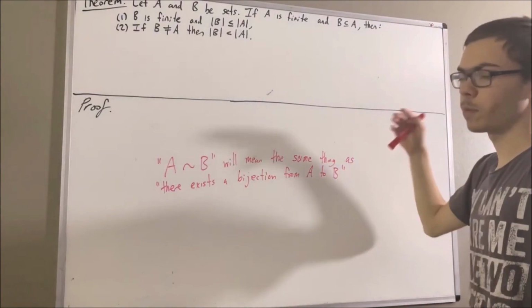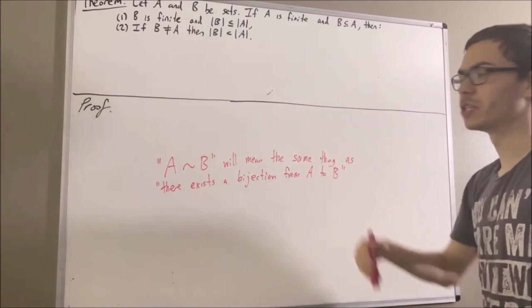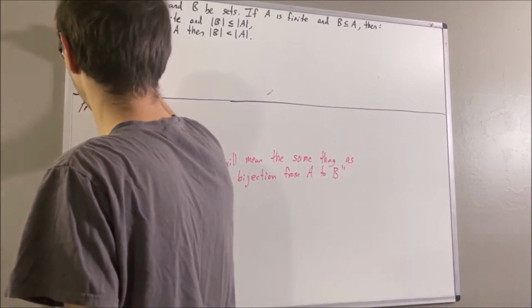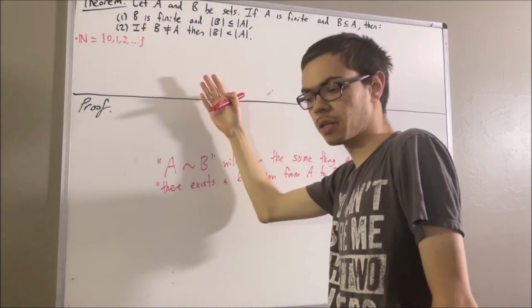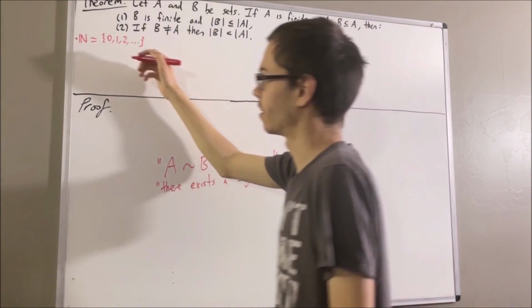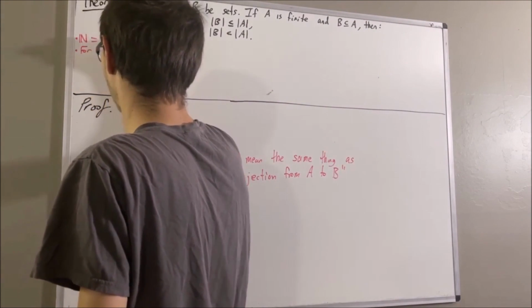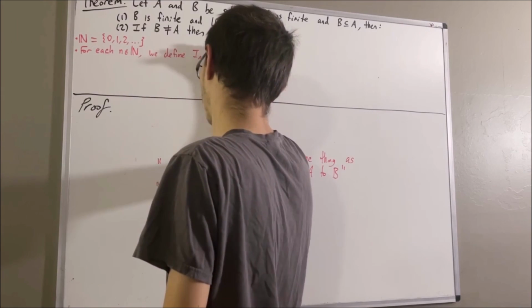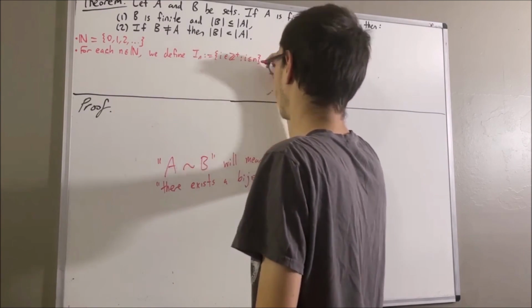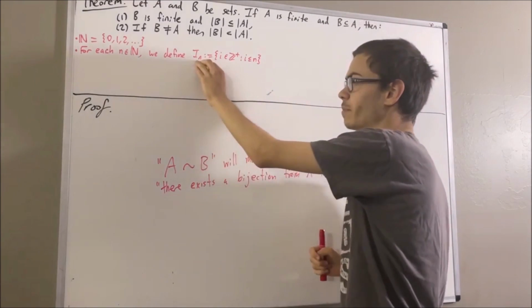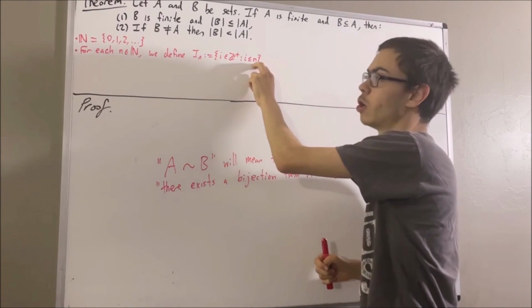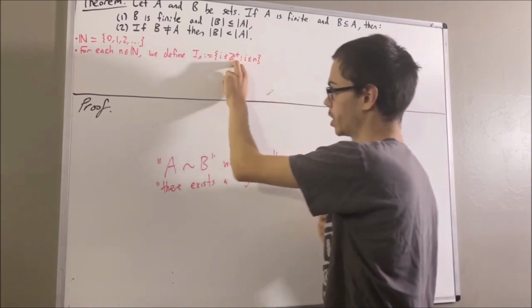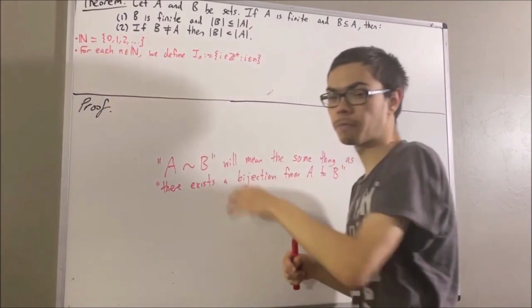Now, for our purposes, we're going to say that the natural numbers includes 0. And we're going to say that for each natural number n, we define the following set. We define the set In to be the set of all positive integers less than or equal to n, where the positive integers are really just the natural numbers not including 0.